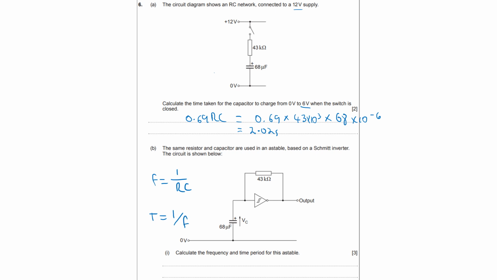So 1 over 43 times 10 to the 3 times 68 times 10 to the minus 6 equals 0.34 hertz. And then time period 1 over 0.34 gives me 2.9.